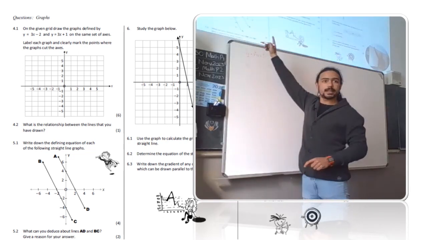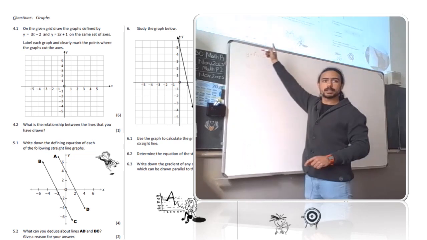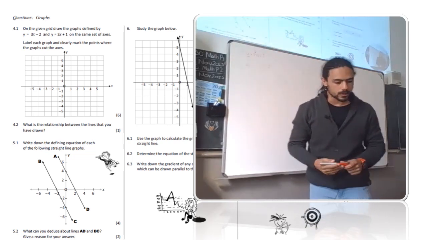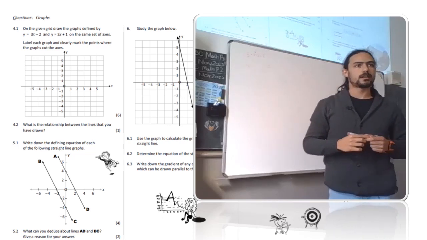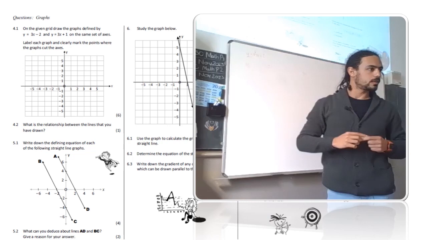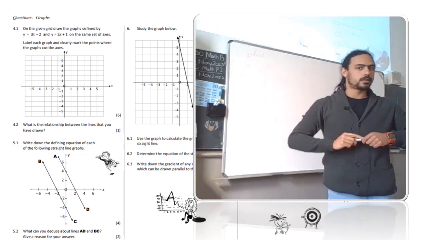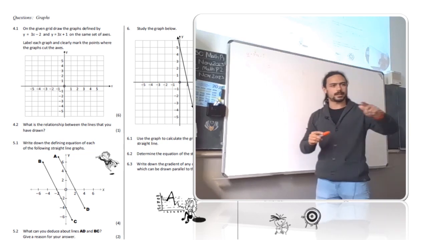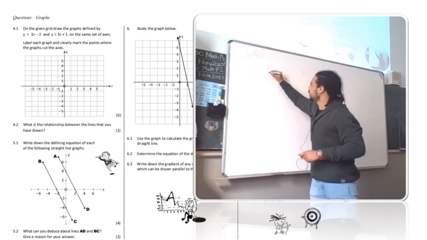I'm looking at line AD. The x value is 0. And what will be my corresponding y value? Check on your page. Corresponding y value? Correct, Ian? Well done, 4. Great stuff.